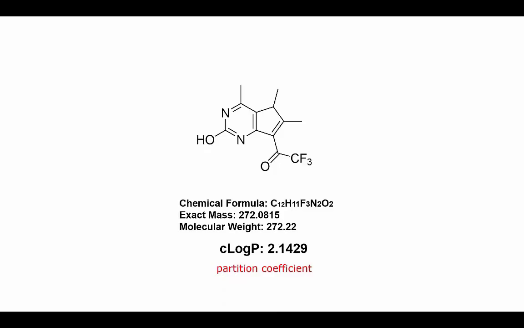Now you may ask about the parameter log P. What is log P? P is the partition coefficient, and we just take the log value. This is the partition between two solvents, normal octanol and water.